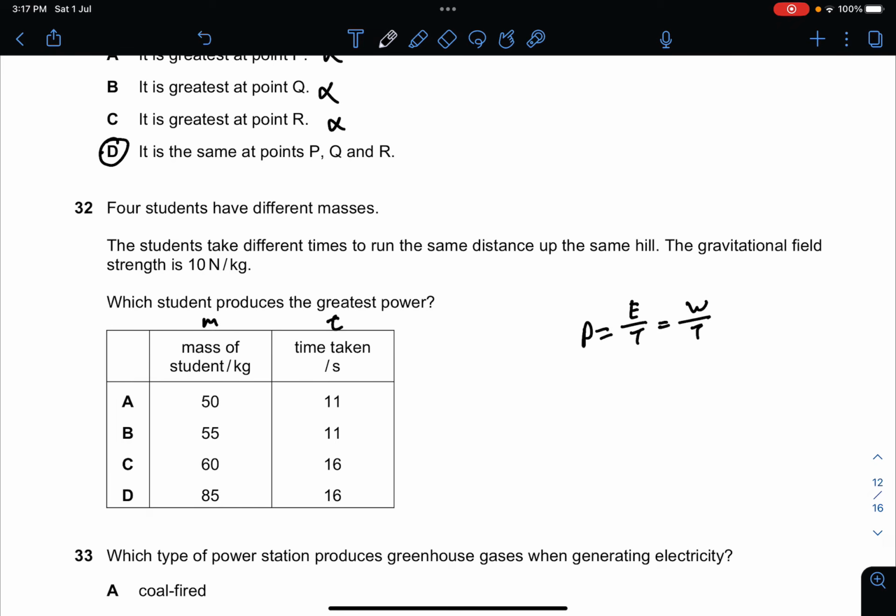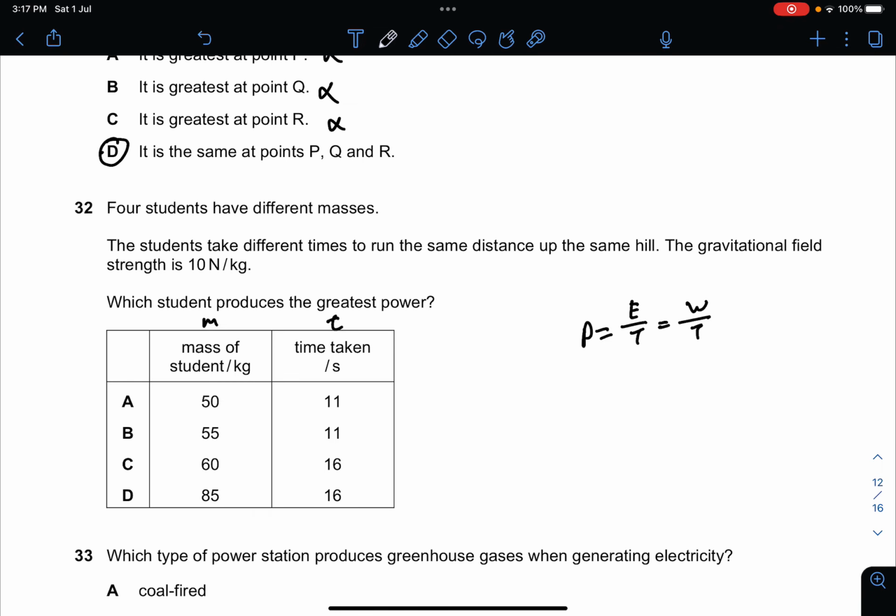It seems like I can use mass times g times height, but we don't know the height. So assuming there is no height, it'd be 10 times 50 divided by 11.